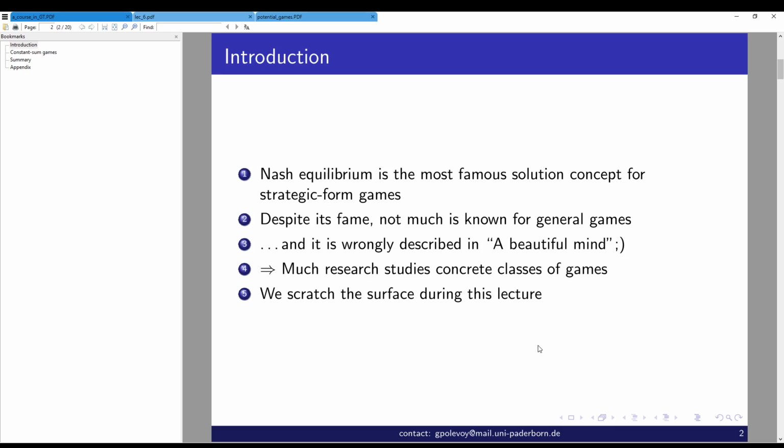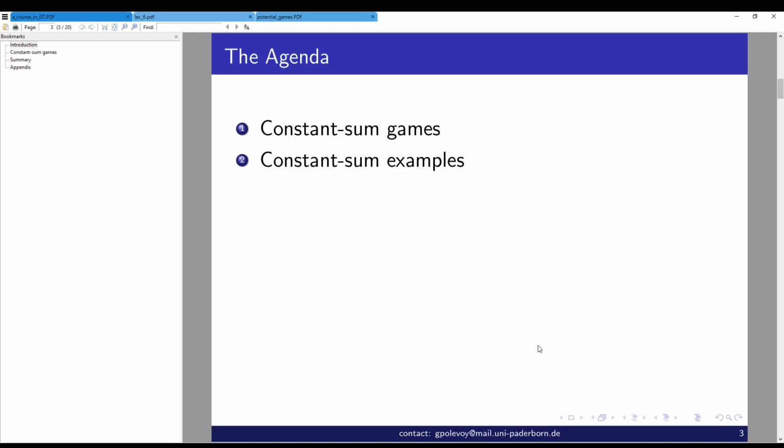That's probably the reason that much research studies concrete classes of games, where we do know more about the structure of the equilibria. And now we are going to take a look at some simple cases of this study of Nash equilibria.